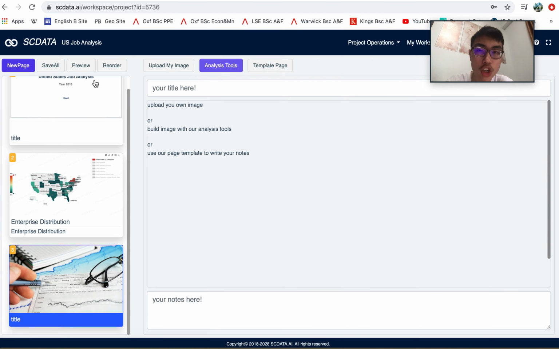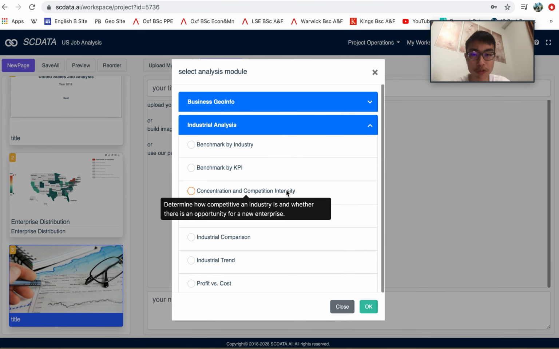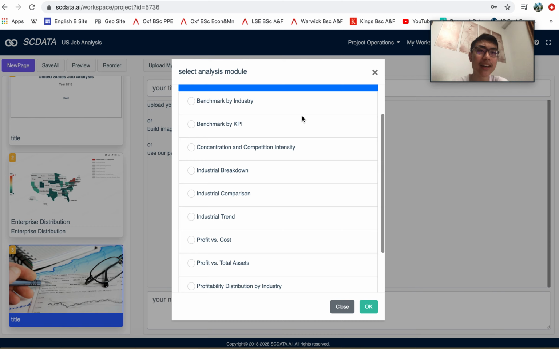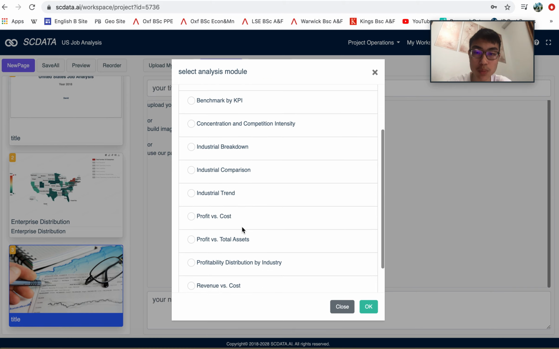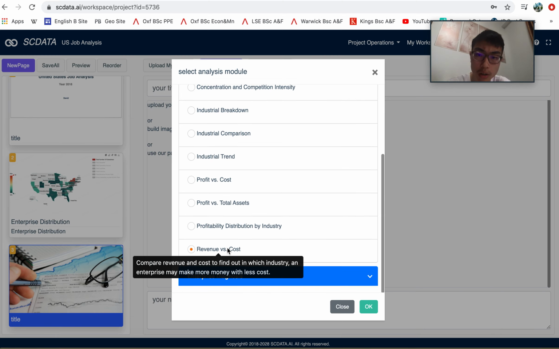So by creating a new page, I can open analysis tools, and now we're moving on to industrial analysis, where you are going to find out which industry has the highest growth rate, which industry has the highest revenue, profitability, and potential in the market. So I'll start with profit and revenue, cost versus revenue, which you can see here.